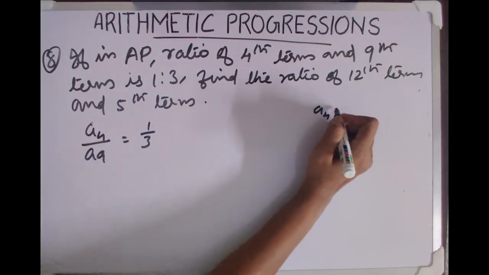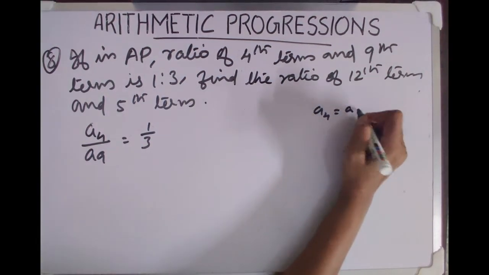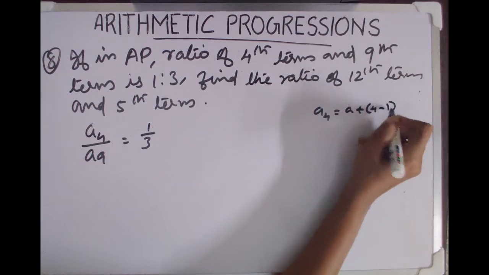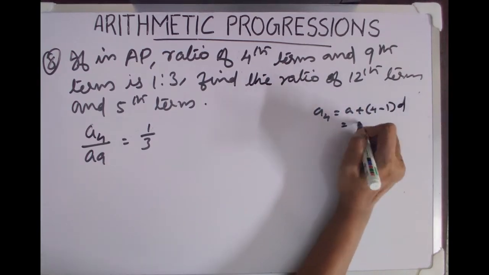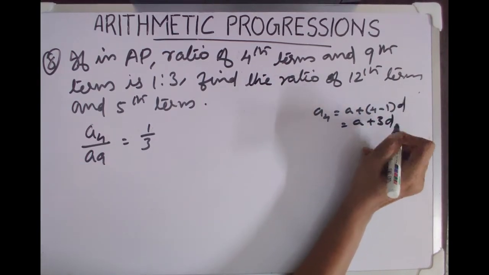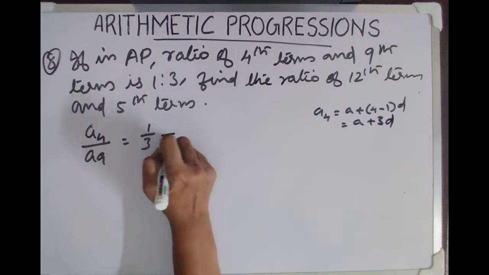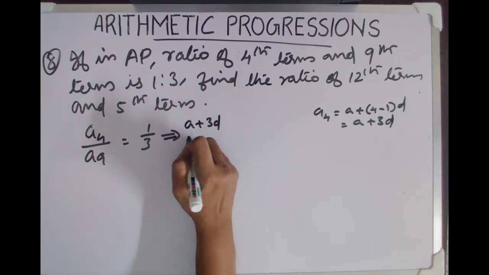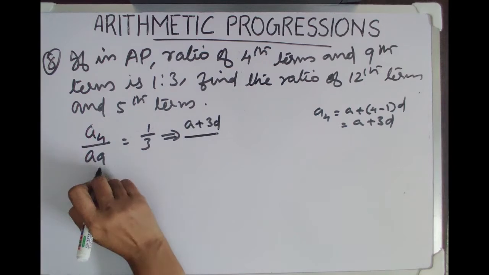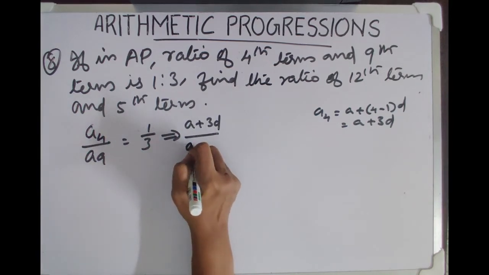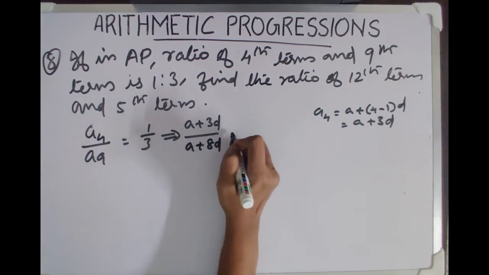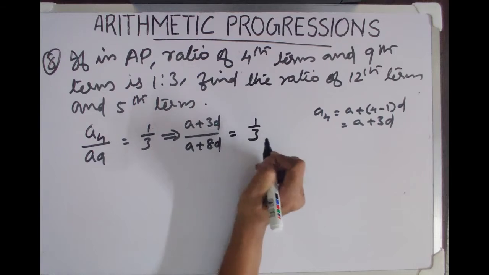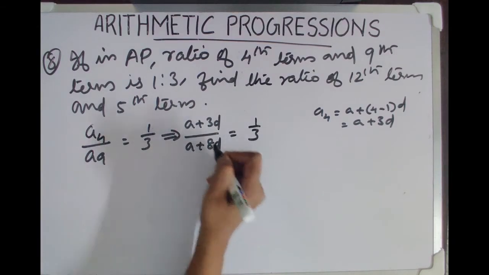Here we know that a4 equals a plus (4 minus 1) into d, that is a plus 3d. So we can write a plus 3d instead of a4. Similarly we can write a9 as a plus 8d, equal to 1 by 3.